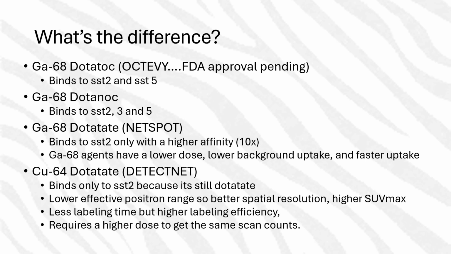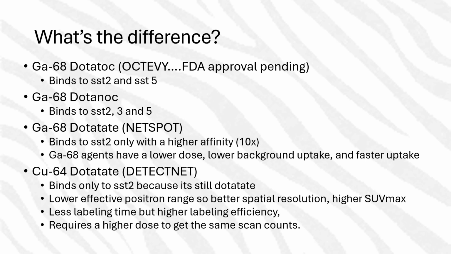So what is the difference between all of these different neuroendocrine agents? Well, gallium-68 dotatalk, also called Actevi, this one is FDA approval pending. It may be FDA approved by the time you're watching this video. It binds to the somatostatin 2 and the somatostatin 5 receptors. And so it's anything that overexpresses either one of those will show up.